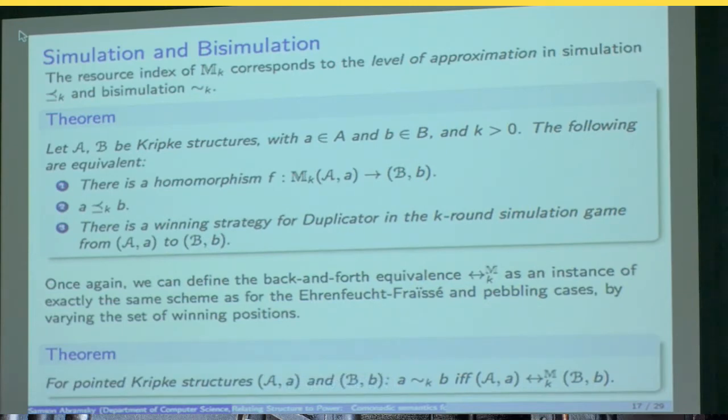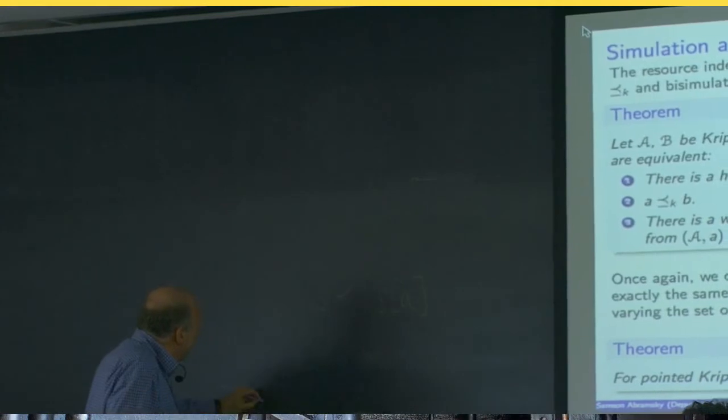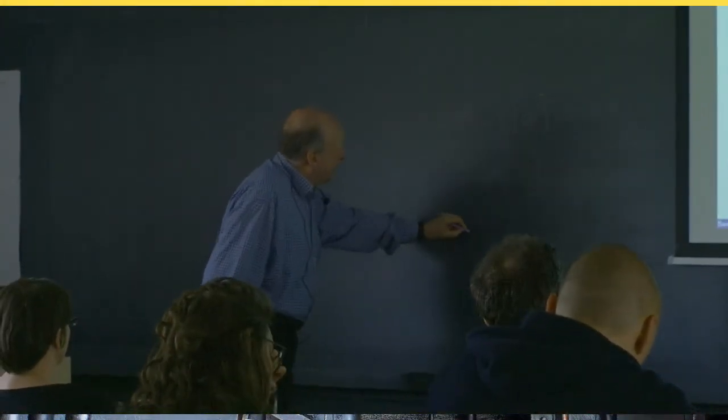We can do the same, we can instantiate our same scheme for back and forth equivalences by choosing the appropriate set of winning conditions. In this case, if I have two sequences, they both have to start at the same place. They both have to follow the same transitions.